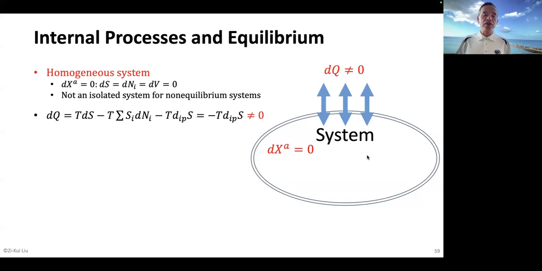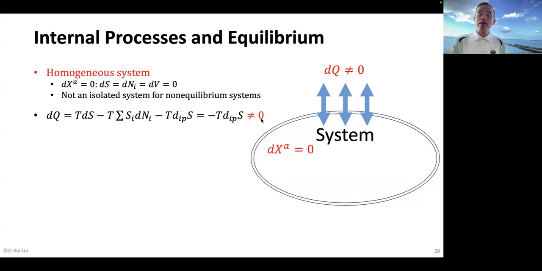So this is the definition of entropy change. We get dq equal to T dS minus T d_iS. This is the total entropy change, the entropy change due to the mass change, and this entropy reduction. Now you see dS equal to 0, dN_i equal to 0 from the definition we have there, but the T d_iS is not equal to 0 yet for a non-equilibrium system.